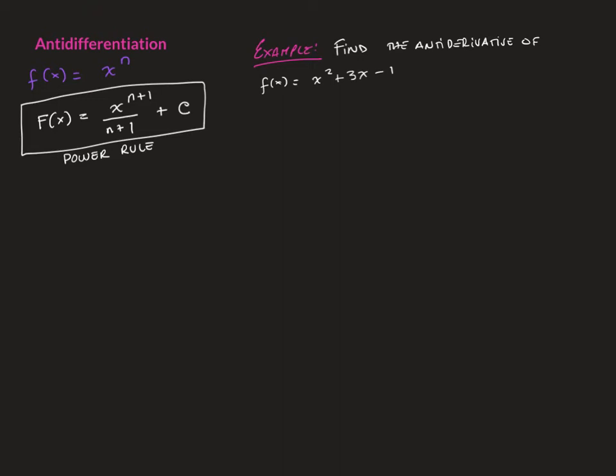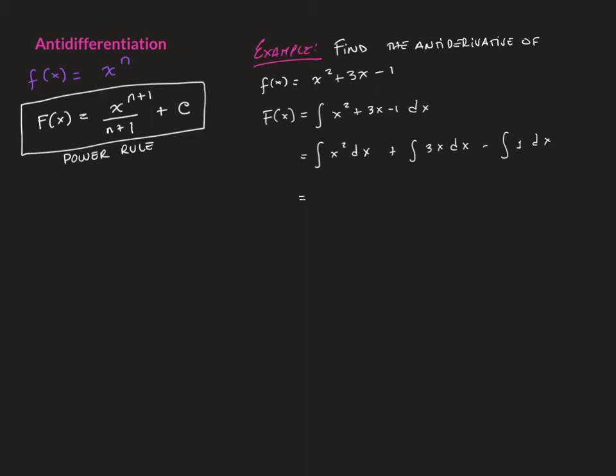What that means is, in order to find the antiderivative of the function f, we have to integrate the whole function x squared plus 3x minus 1 with respect to x, which means we are going to assess the antiderivative for each of the terms in the polynomial. So this is going to be the antiderivative of x squared plus the antiderivative of 3x minus the antiderivative of 1. So now we can use the power rule for each of these integrals.